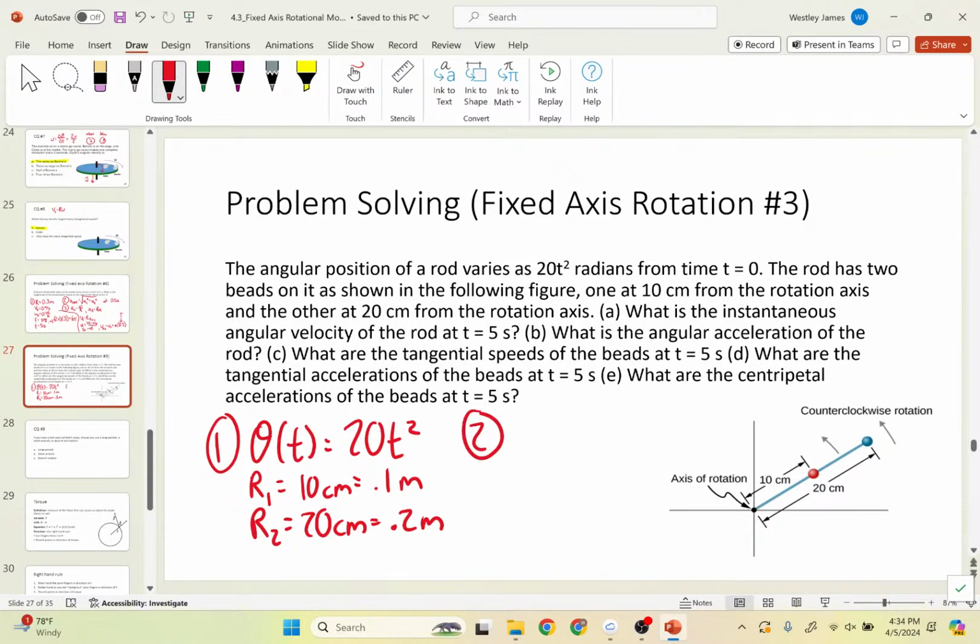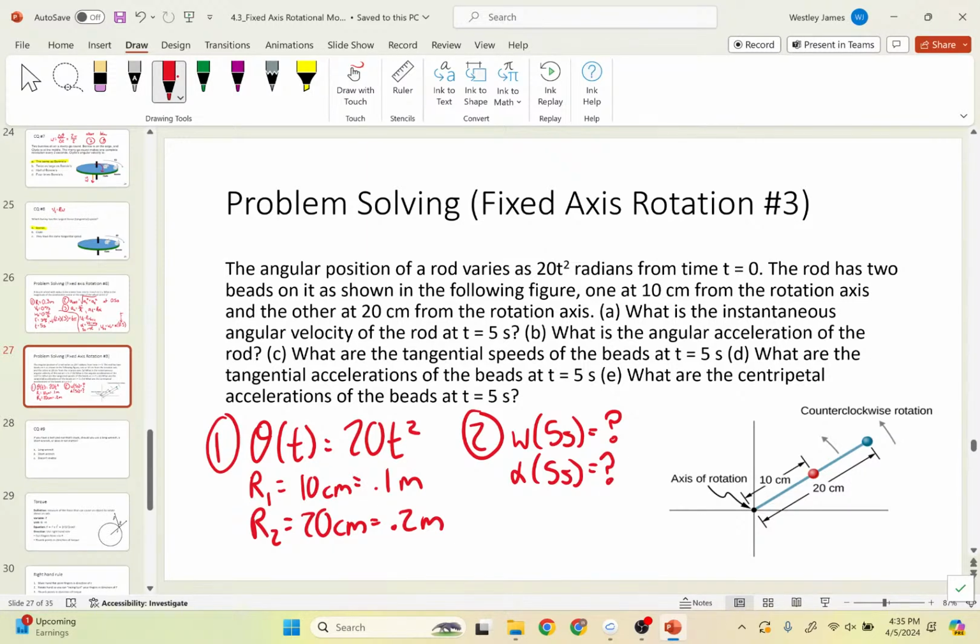We are finding lots of things. We are solving for the angular velocity at 5 seconds. We are solving for the angular acceleration at 5 seconds. Fun fact, the angular acceleration will be the same all the time. We'll see why. This problem didn't clarify what time for angular acceleration because it didn't matter, and you'll see why when we solve it.